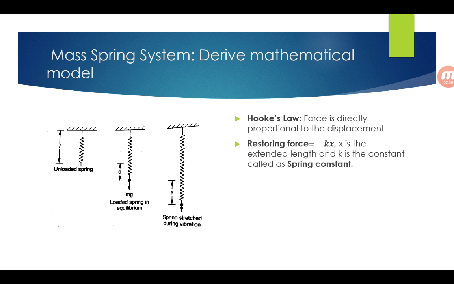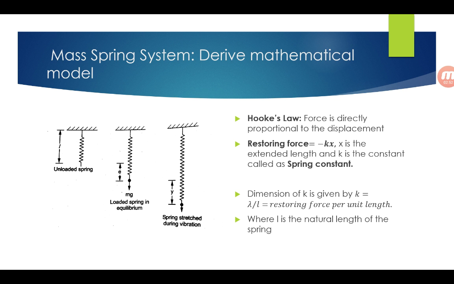Here the negative sign shows that the force opposes the motion and acts in the upward direction. The spring constant k is given by lambda by L, which is the restoring force per unit length, where L is the natural length of the spring.